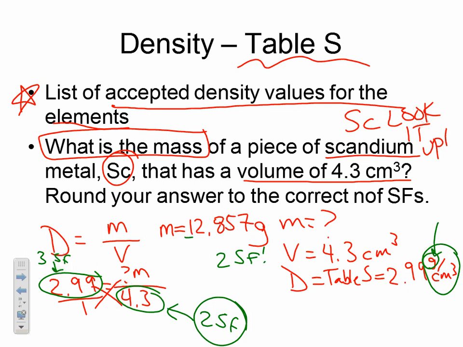We're going to keep the first one and the second one, and then I'm going to cut it off right there. But I have to look one more out in order to think about rounding. So this is an 8, so I am in fact going to be rounding up. So I'm going to report my mass to 2 sig figs as being 13 grams. And there we go. So we're going to take the opportunity to practice density problems and percent error problems in the context of rounding to the correct number of significant figures.